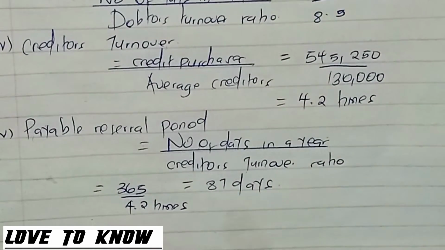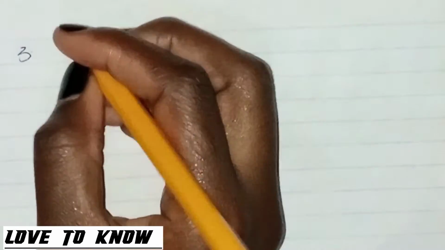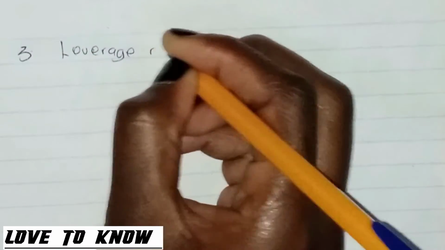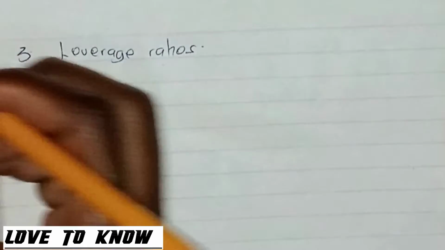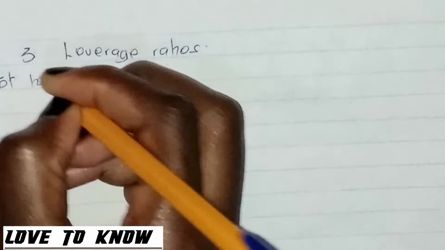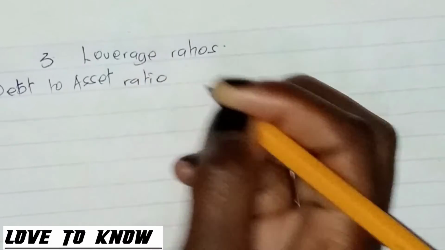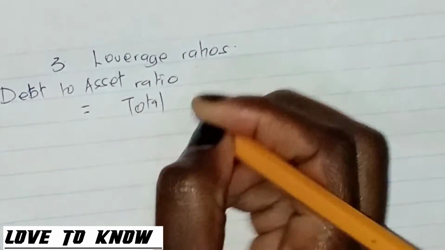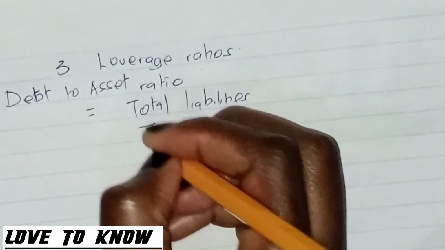The next type of ratios is the leverage ratios. In this category, we have the debt to asset ratio. This is calculated by dividing the total liabilities with the total assets.